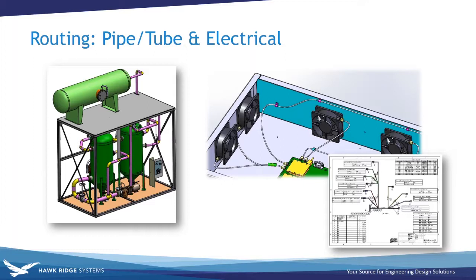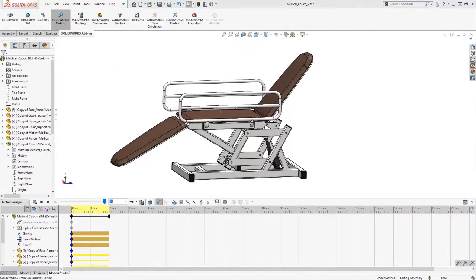So it's used in processing industry where we have tanks with piping. It's used in pneumatics for tubing, and it's used in a lot of electronics for representing wiring harnesses and things of that nature. So I'll just show you a quick overview of how that functions.